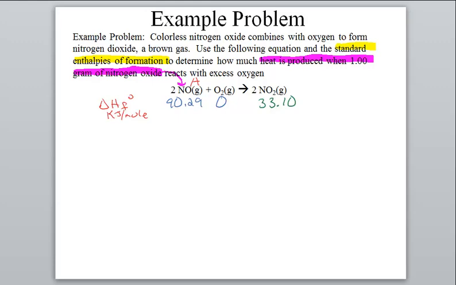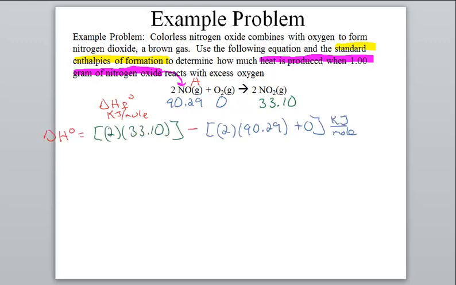So the reactants have more enthalpy than the products. So even before we do a calculation, we can tell that the change for the reaction should be negative. And that change is a negative 114.4 kilojoules per mole. So this is an exothermic reaction. That's the first part of the problem.